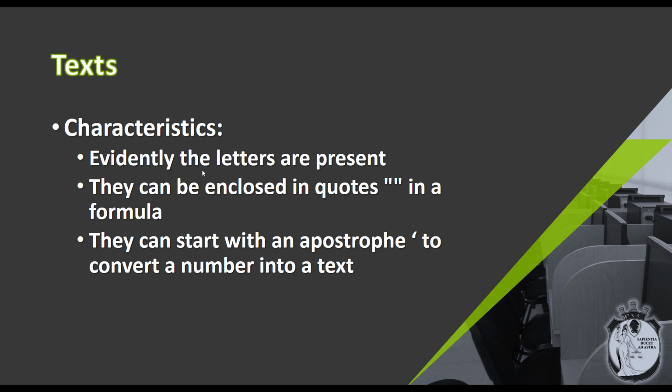All that you type in a cell is a text that includes letters, numbers, and other characters. Another characteristic is that they can be enclosed in quotes, for example in a formula, as we will see in the future. And they can start with an apostrophe to convert a number into a text. This is the characteristic of a text.